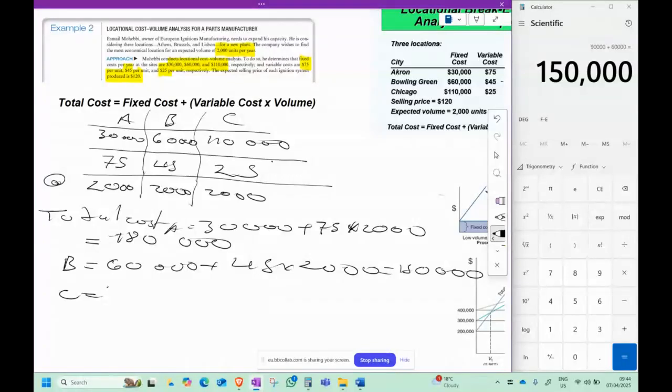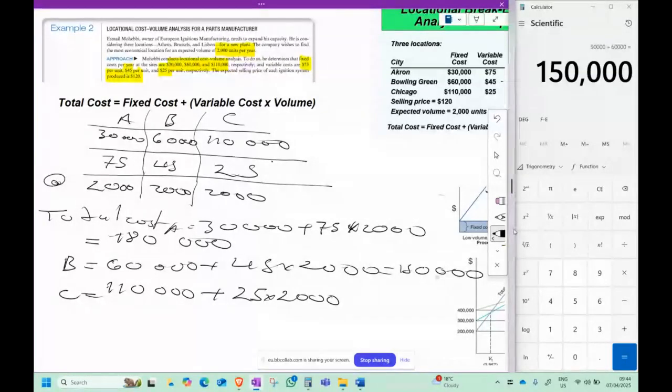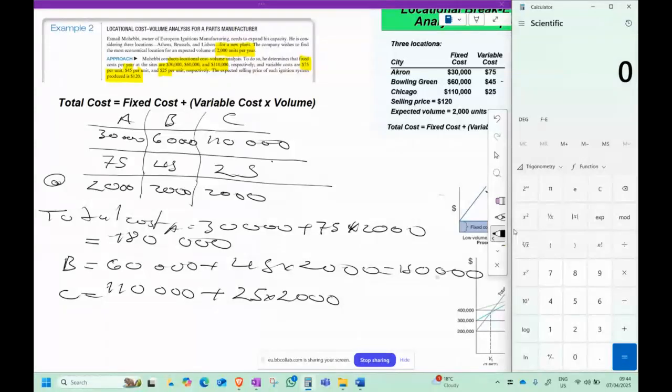Then the last one, 110 plus 25 multiplied by 2,000. So the answer is 160,000.